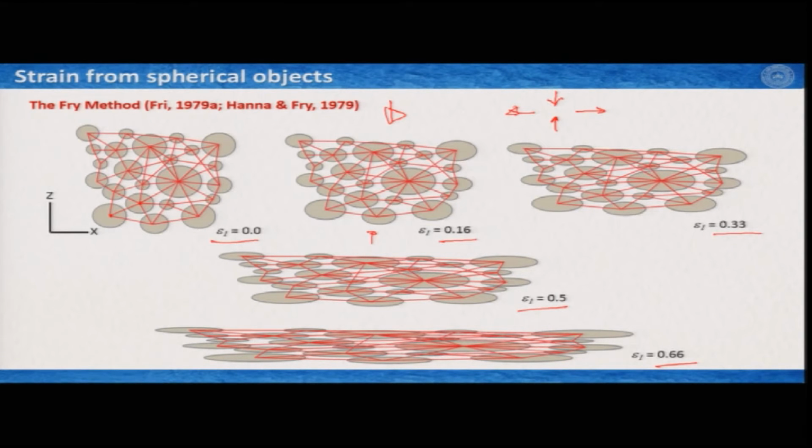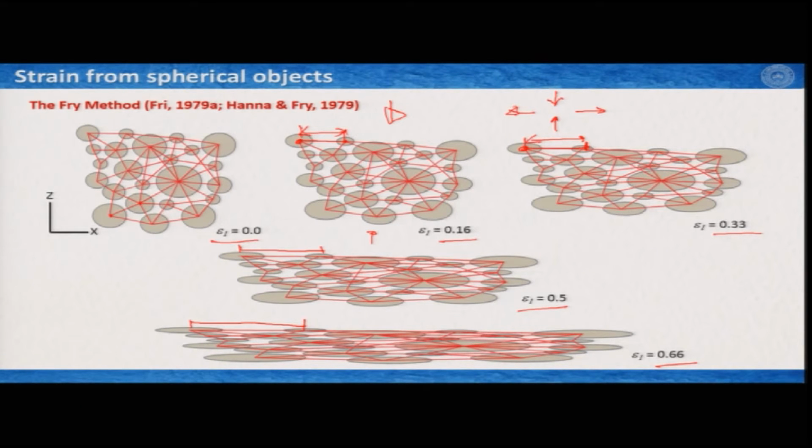We can see that with progressive deformation, all distances along the horizontal line are progressively increasing. Here and here it has increased to this amount.